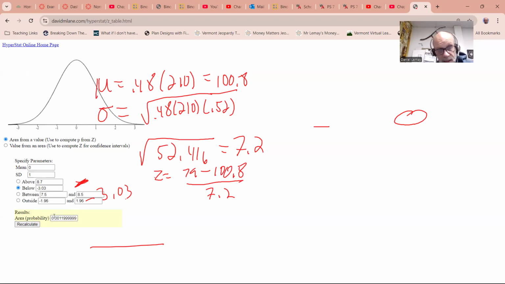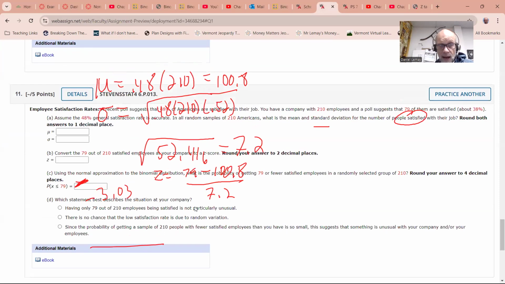So what WebAssign will be looking for is 0.0012. Because remember, they'll look at the digit after, and 9 is more than 5, so we round up.